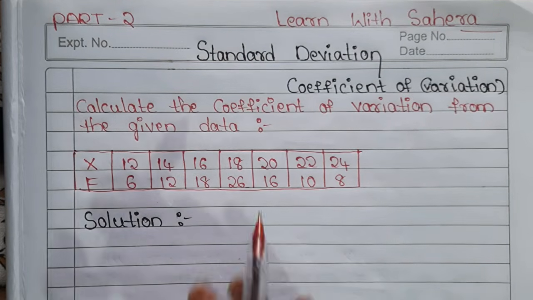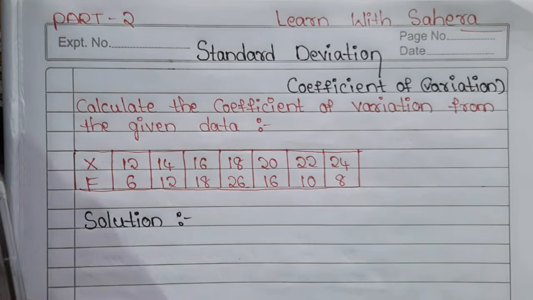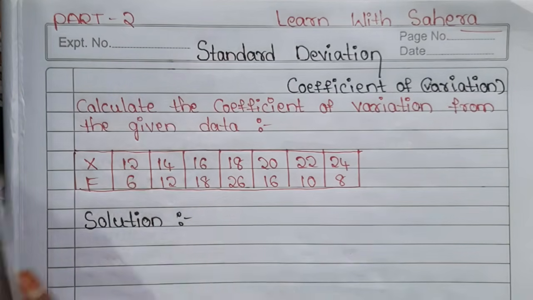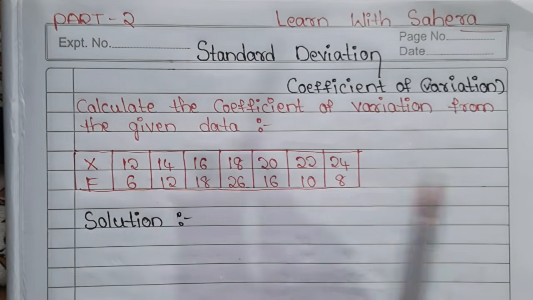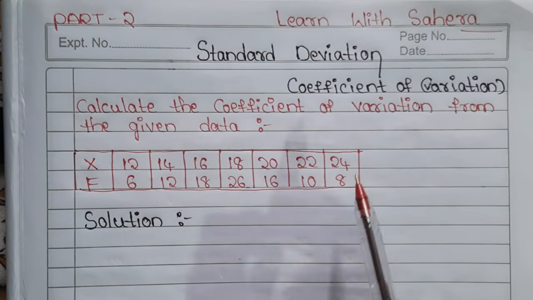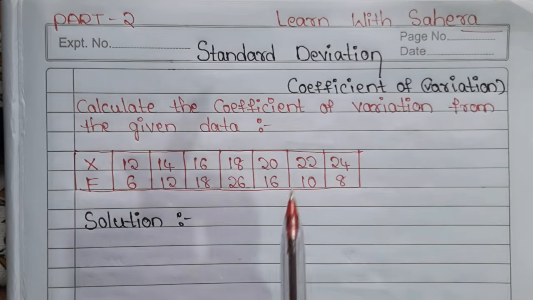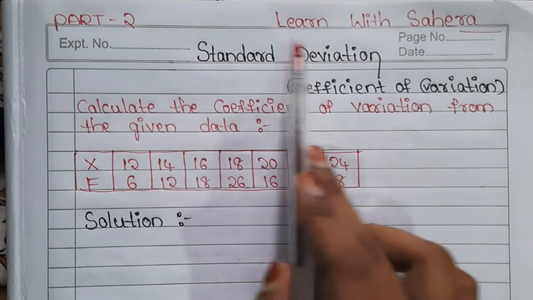And sometimes they will be asking you standard deviation and its coefficient, which we have seen in our previous video. So if you watch part 1 as well as part 2, both of these videos, you will be perfect in standard deviation. Whatever question they may ask you regarding standard deviation, you will be able to do the problem and easily score full marks. So try to watch both of the videos, then only you will be perfect with the standard deviation topic.